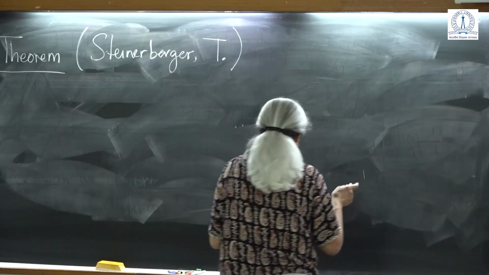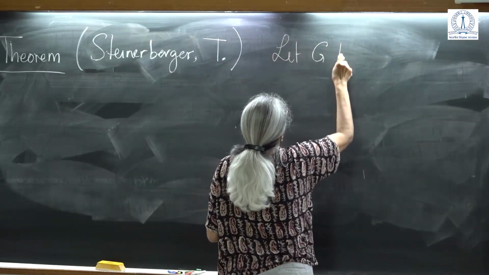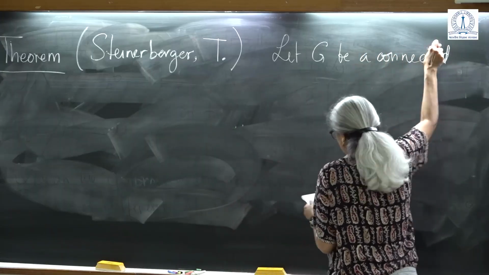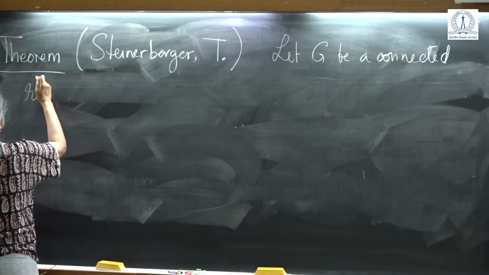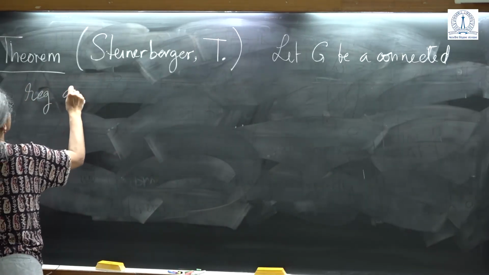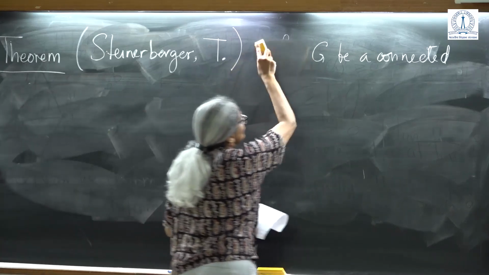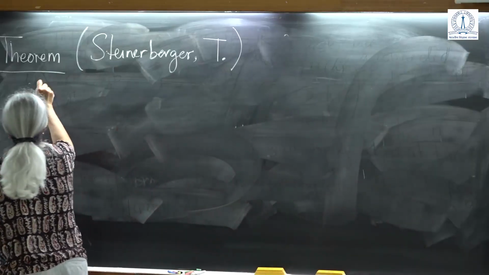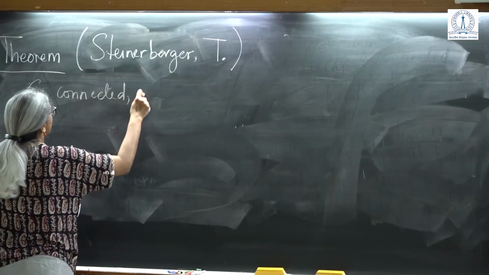So this theorem says, let G be a connected regular graph. Let's just make it short. So I have a G that is connected, regular.